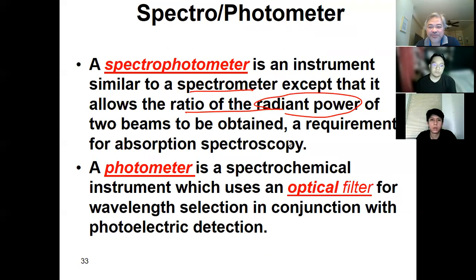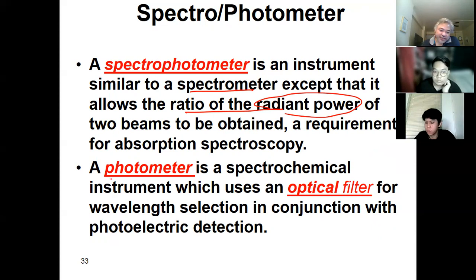Okay, so we could say spectrophotometer is also a spectrometer, but it measures the intensity of your light.